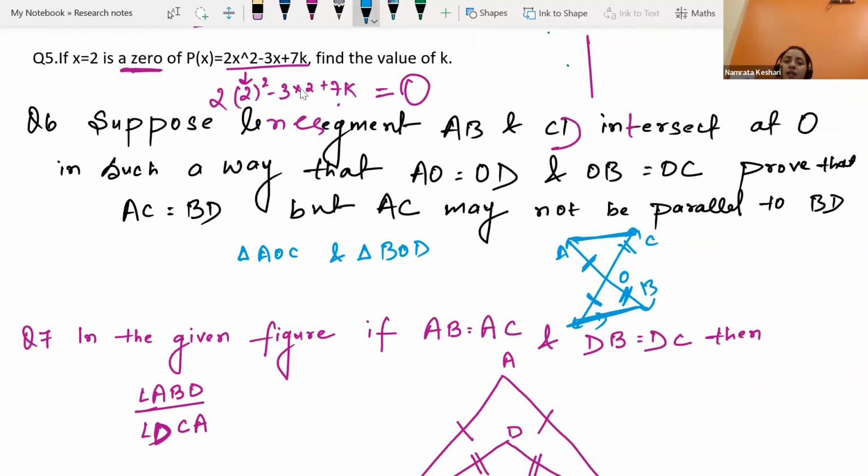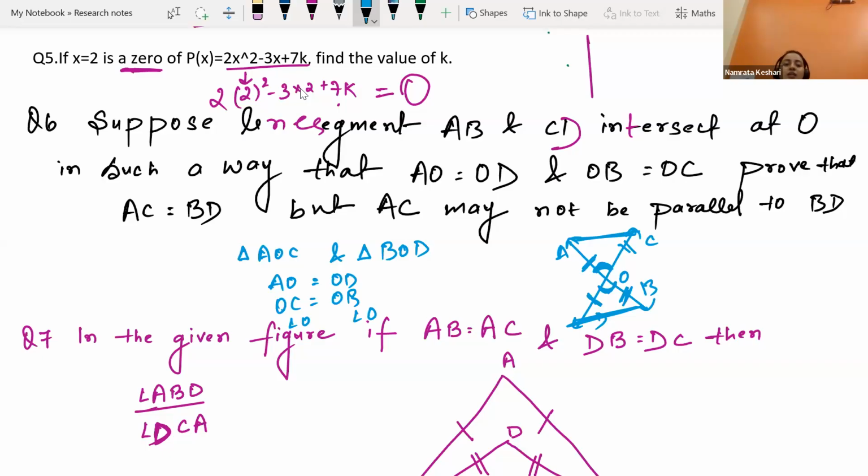See, it is clearly given that AO is equal to OD, and OB, OC also. So OC is here, OB is here. And apart from that, vertically opposite angles: angle O over there and angle O over here are the same. However, we are not supposed to write angle O like this.